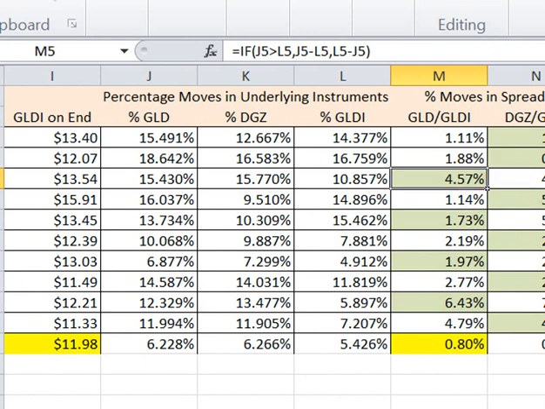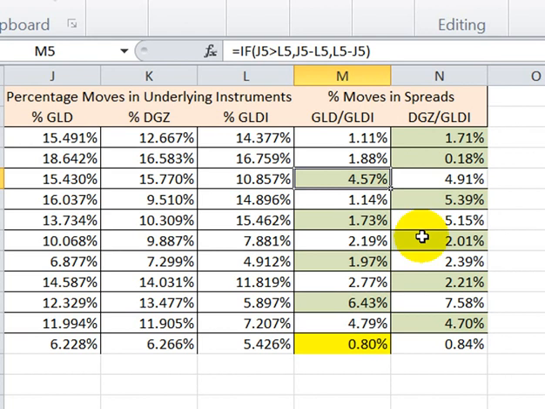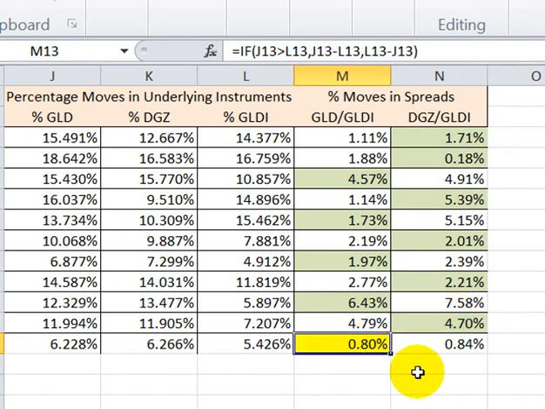On the short side, it varies more because gold tends to drop faster than it moves higher, and that's what all these green ones were. These are where you should have been long GLDI and long DGZ, which is the short of gold. Right now, it's up 0.8, and it's pending a breakout.